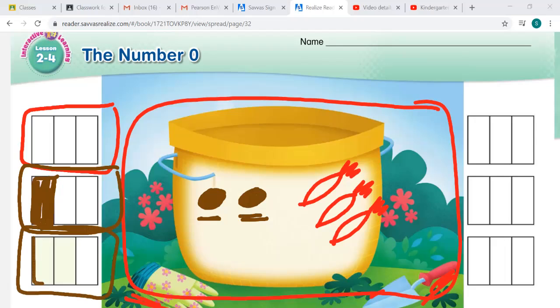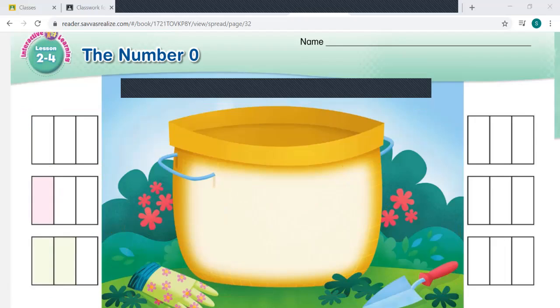There's 2 boxes shaded in, and that's telling us that there's 2 potatoes in Maria's garden, right? All right, good job. So now we can pick another vegetable here. Let's say that Maria picked 2 peppers.